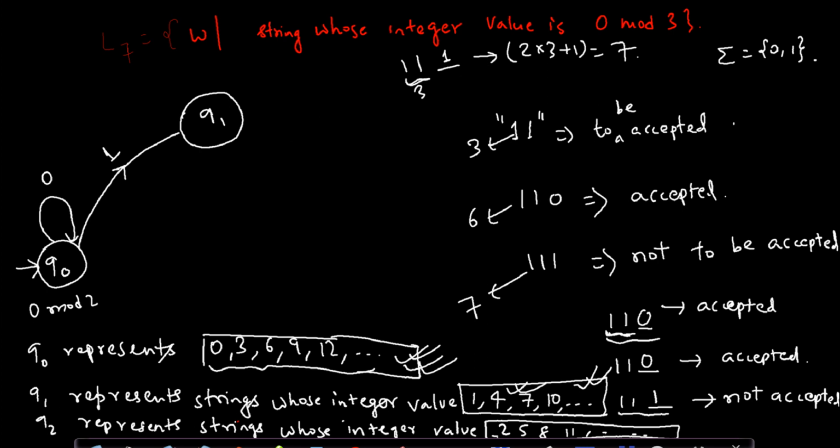Now when you are at Q1, you have to define moves for 0 and 1.